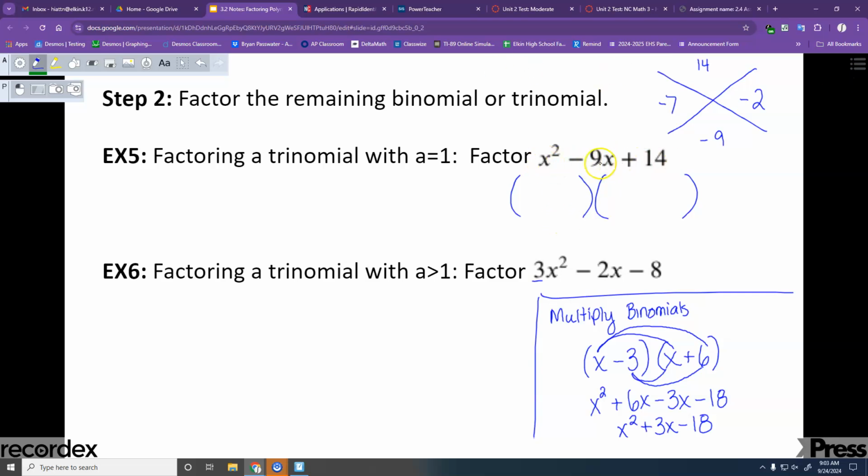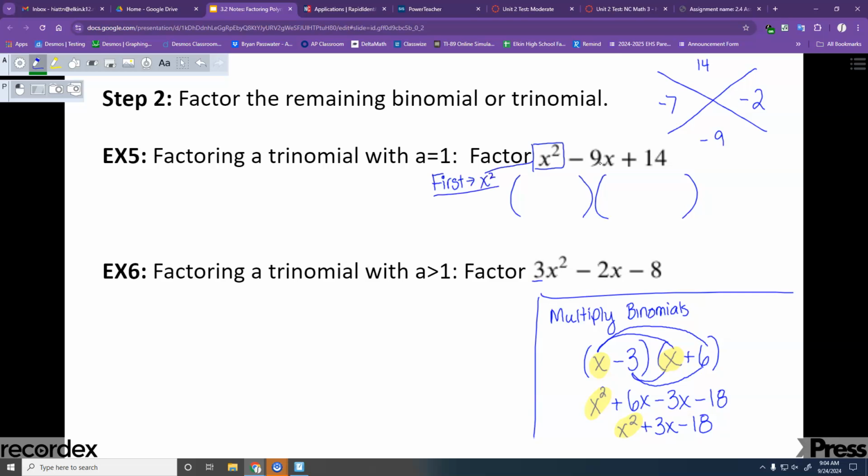If I want to factor this, notice right here, when I multiplied the first number times the first number, that gave me x squared, which was my first number that I had in my expression, right? So, when we're factoring, we want to try to get the first term right here to be x squared.